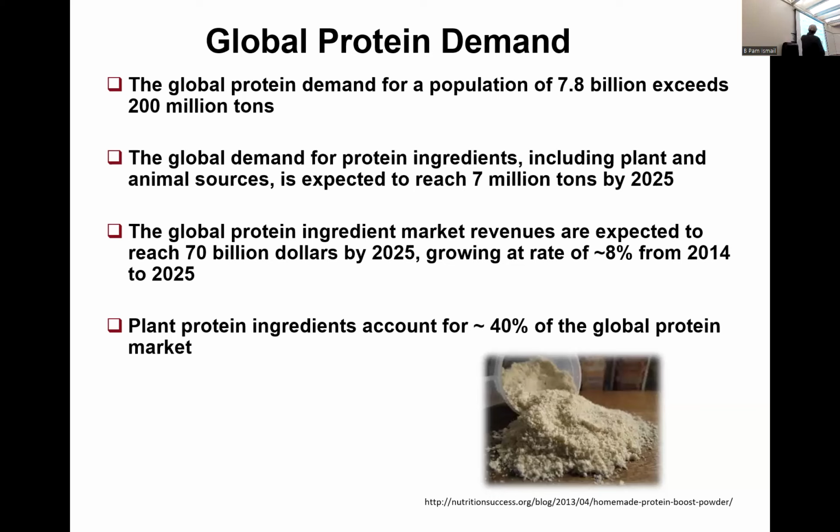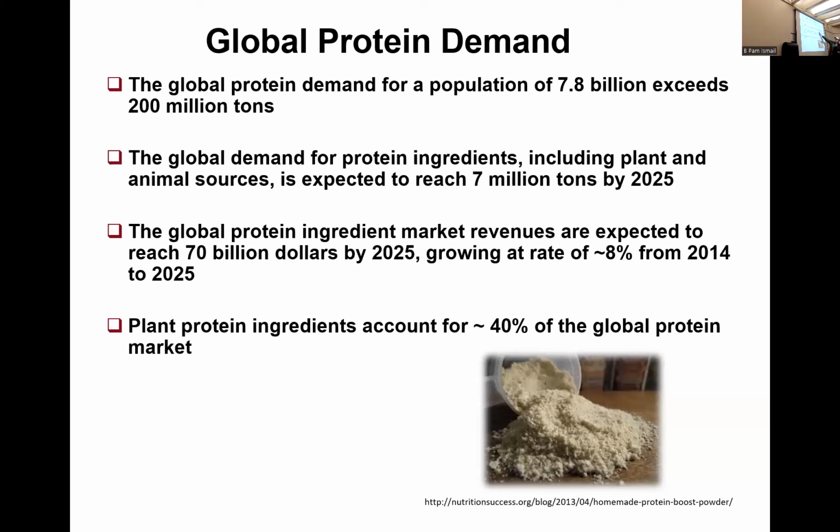If we look at the protein ingredients, so when I say protein, meat is protein, so it's not an ingredient. Meat is a protein, milk protein, but ingredients specifically are those used in formulation of different products. The demand for those, whether they are dairy, animal, meat-based or plant-based, is also increasing globally.